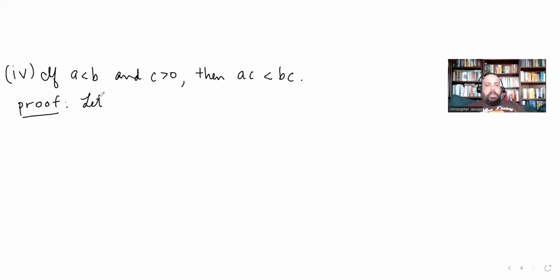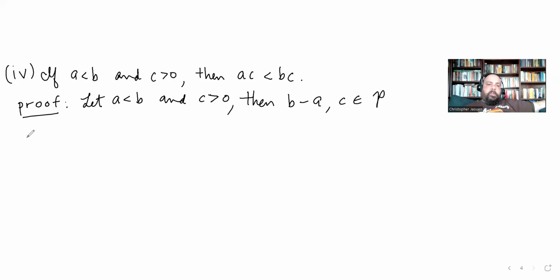Right, so let A less than B and C greater than 0. Then B minus A and C are all positive. So C times B minus A is positive by closure of the positive numbers.